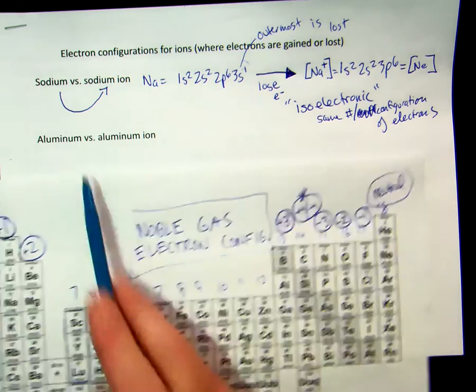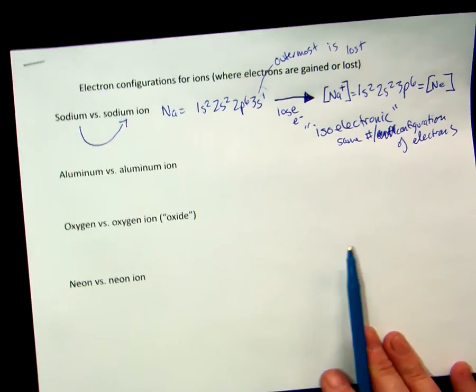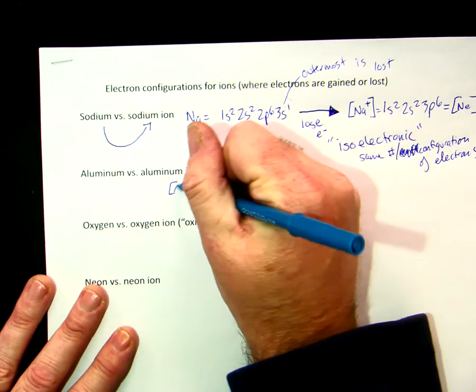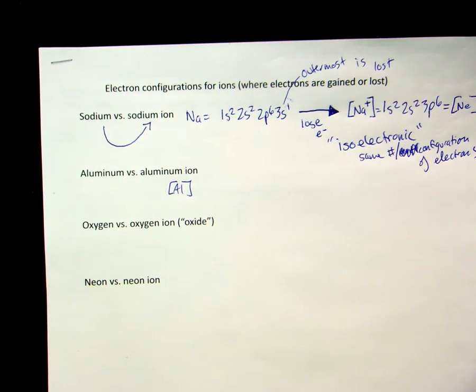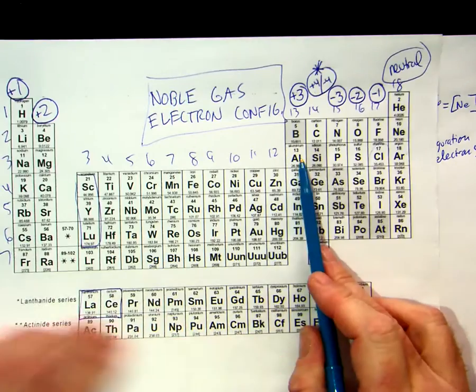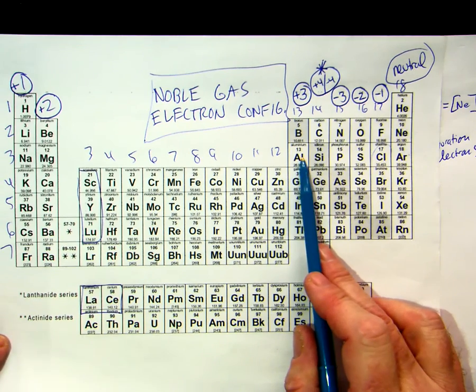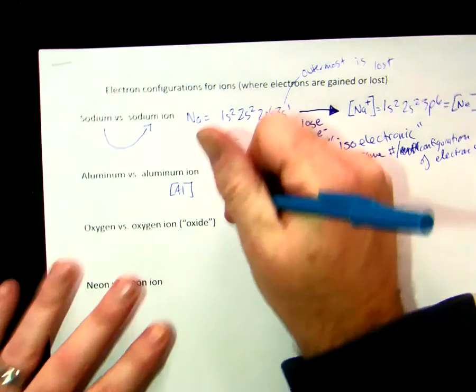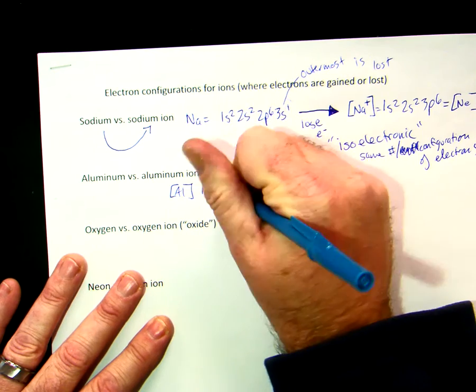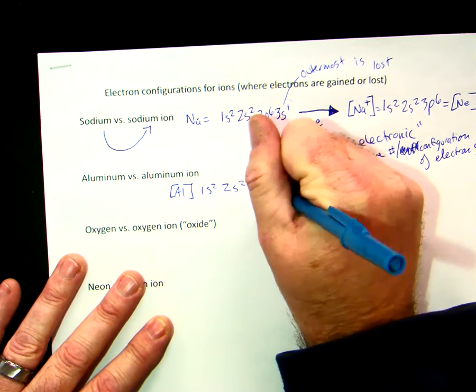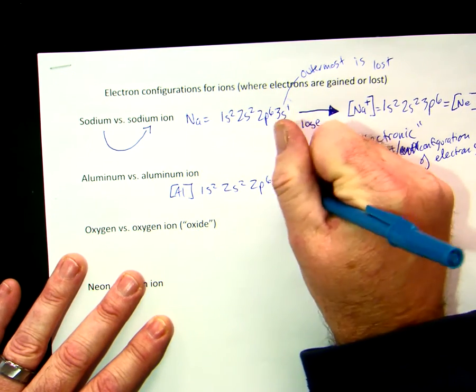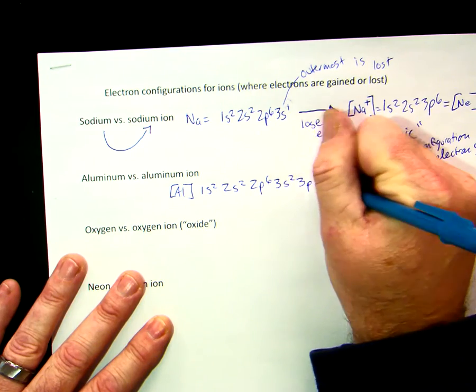First we need to write the electron configuration for aluminum, like you would have had if this had been asked on the exam today. So aluminum is right here in row 3, and it has a single p orbital electron. So it'd be 1s2, 2s2, 2p6, 3s2, 3p1.